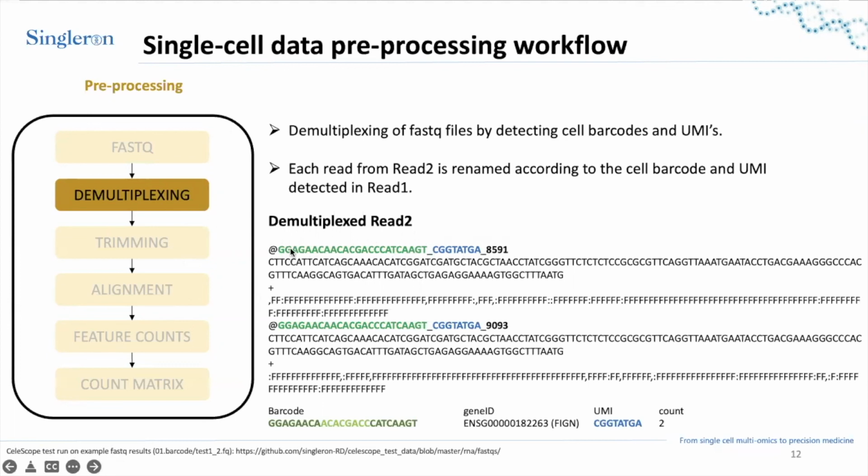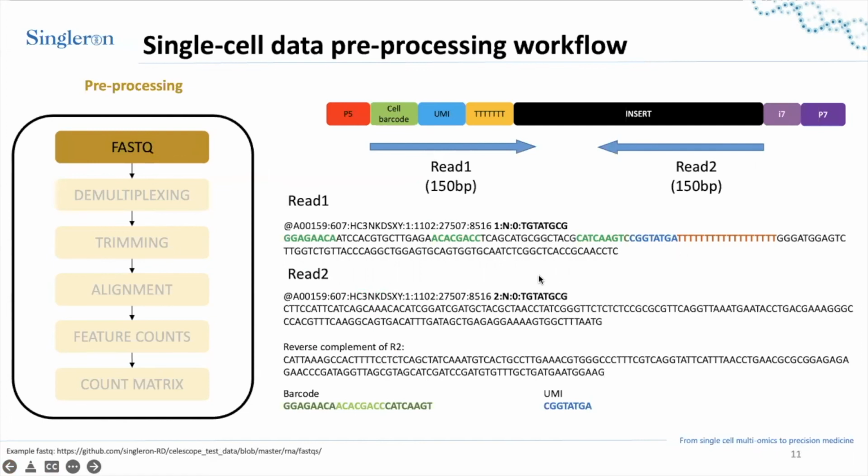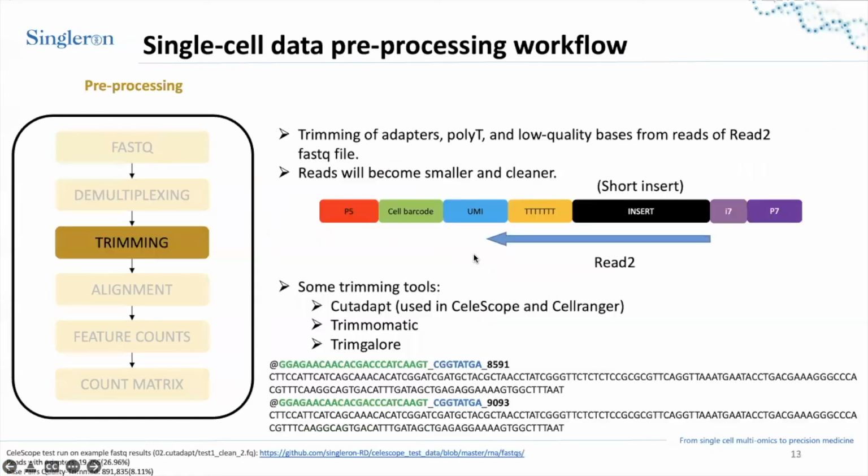For bulk-seq, there's no specific cell barcode that is needed. I think the trimming may be the same if you know which adapter to be trimmed.